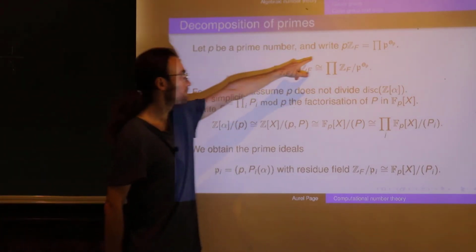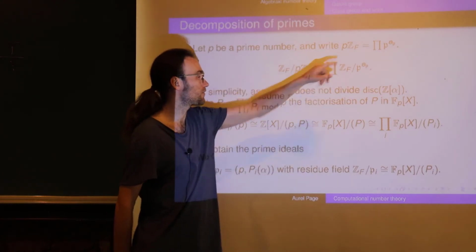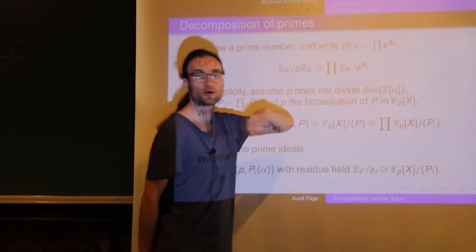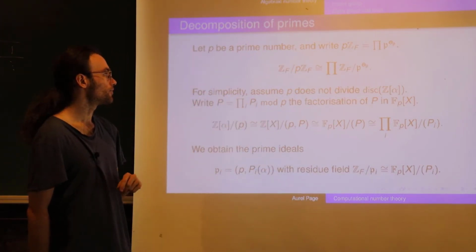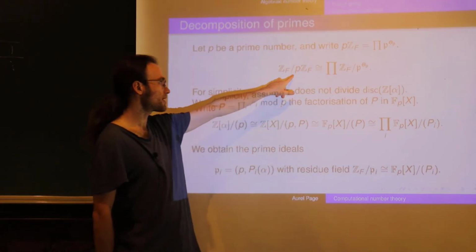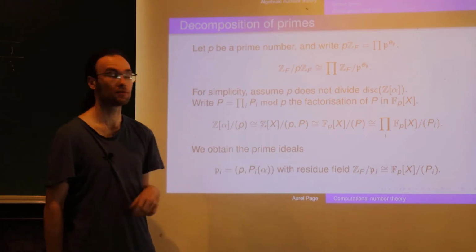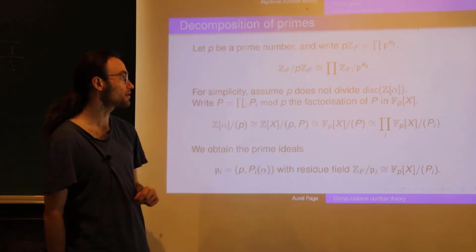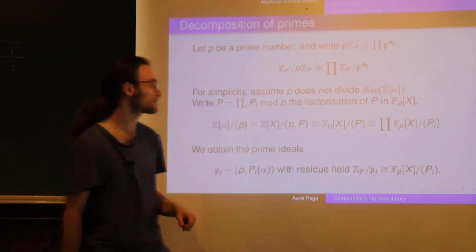Think about the factorization of P. We're going to write it as a product of prime ideals with some exponents. These exponents are 1 for almost every P, and they can only be different from 1 if P divides the discriminant of the field. These are the ramification indices.